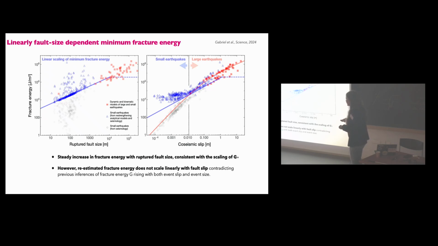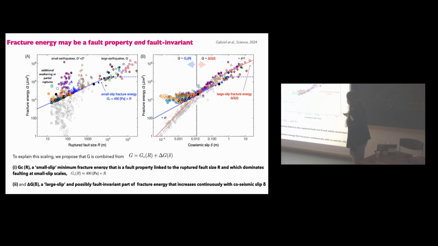However, this re-estimated fracture energy doesn't scale linearly anymore with fault slip. So now we're plotting the famous plot again, small earthquakes, large earthquakes, fracture energy, co-seismic slip, and you observe a break in scaling here. And that break in scaling is the signature of where fracture mechanics have a break in scaling as well.